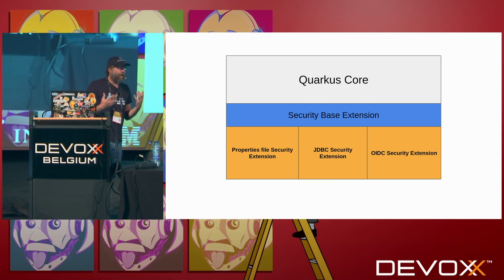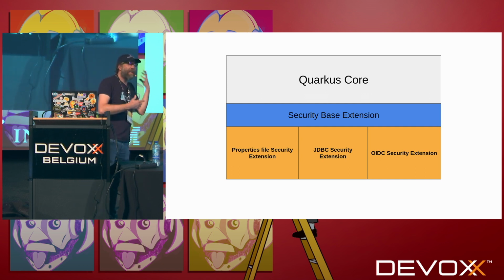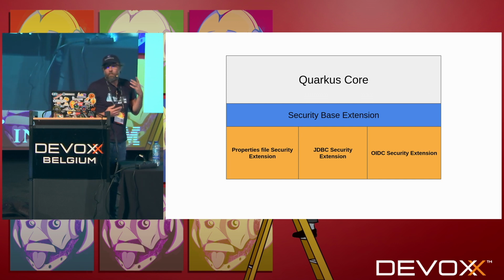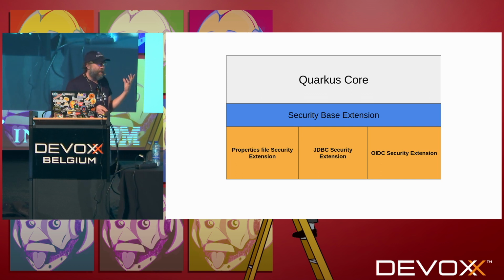And to be really in the Quarkus spirit, it's not reinventing the wheel. It's just reusing good practices, good libraries from the security world. So the code that I will show you won't be too new for you. I will use annotations that you knew about, etc. That is the base extension.